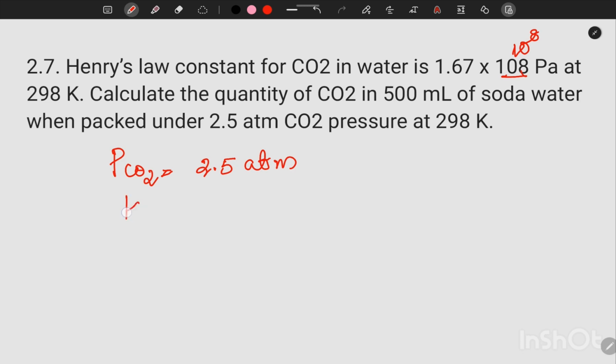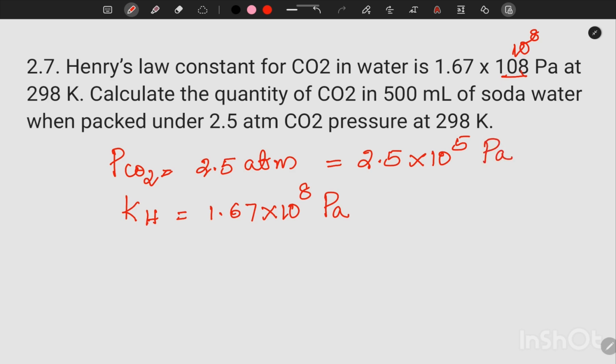And Henry's constant is given as 1.67 into 10 raised to 8 Pascal. So for converting atmosphere into Pascal, we have to multiply with 10 raised to 5. So that much Pascal we will get. Now, according to Henry's law, partial pressure of carbon dioxide is equal to Kh into chi.